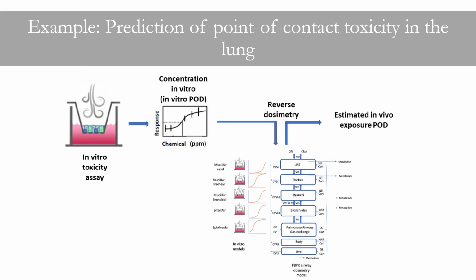Let's look at an example. It's an example that will probably be familiar to the ACC members because it was published, I think, in 2022. So 5 human-derived differentiated in vitro airway epithelial cell culture models were exposed to the already known toxic vapor 1,3-DCP, or 1,3-dichloropropene.